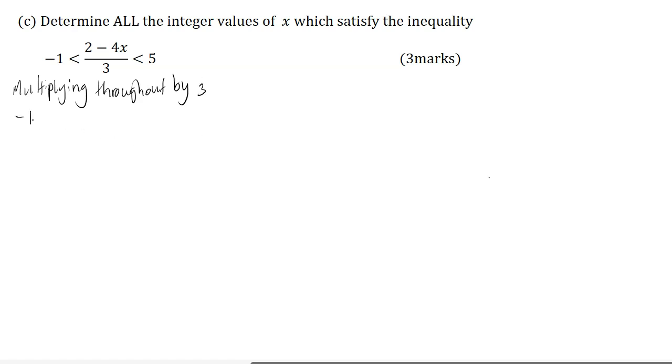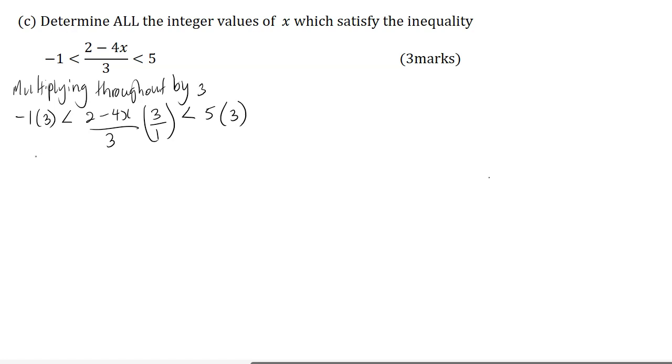So this here is minus 1 multiplied by 3, which is less than 2 minus 4x all over 3. And I will put here the 3 over 1 so that we'll be multiplying numerator by numerator and denominator by denominator. And here this is 5 multiplied by 3.